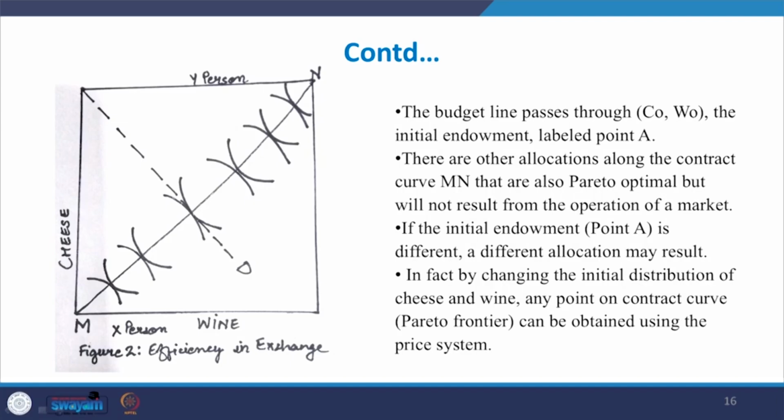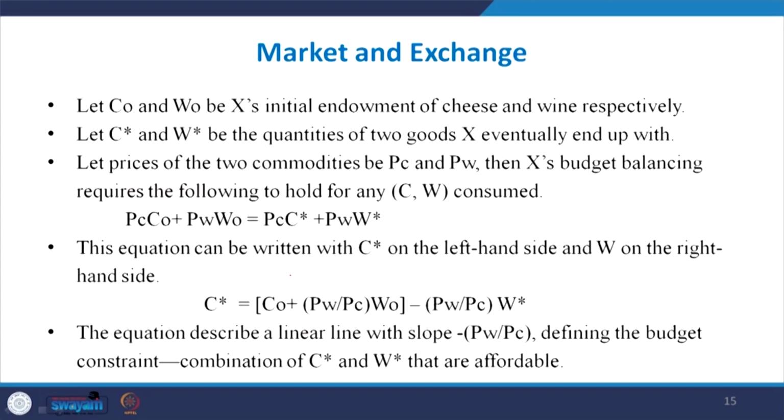First, the budget line is tangent to the indifference curve of person X. Second, the same budget line is tangent to the indifference curve of person Y. And third, the slope, or MRS, the marginal rate of substitution between cheese and wine, is the same for Y and X, or the slope of the indifference curve of X is equal to the slope of the indifference curve of Y. That is why it is called an efficient combination.